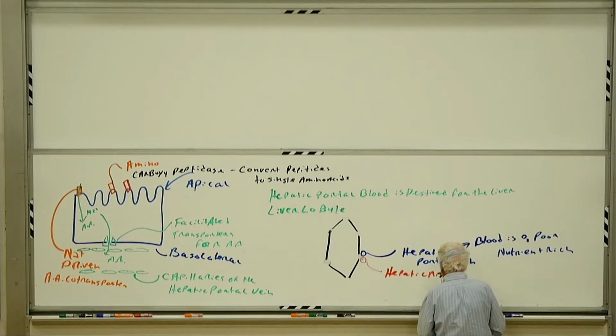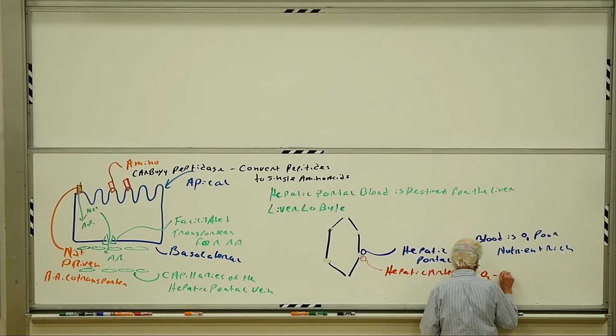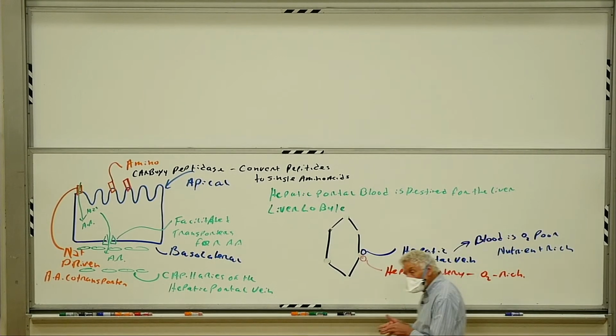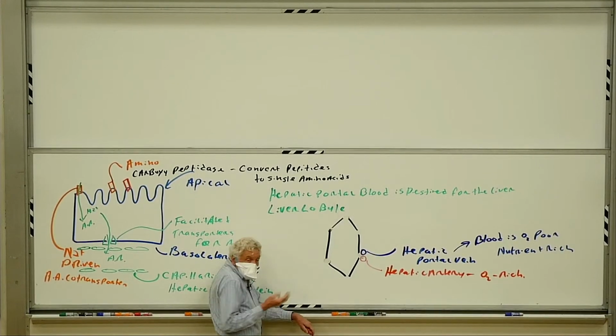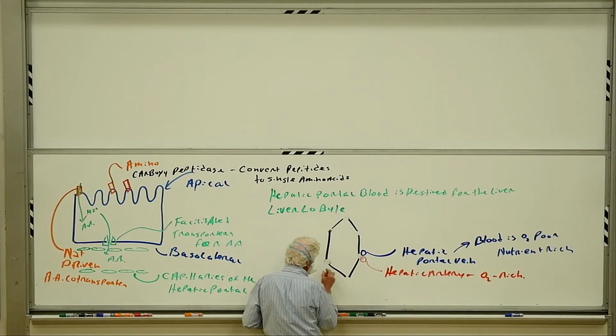On the other hand, the hepatic artery blood is oxygen rich. The hepatic artery is actually a branch that comes off of the descending aorta, so it's oxygen-rich blood. But we see this at each of the 6 corners.